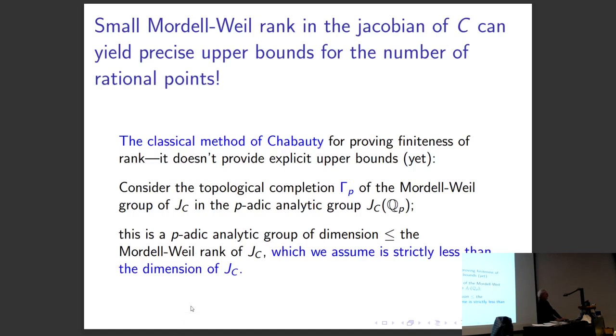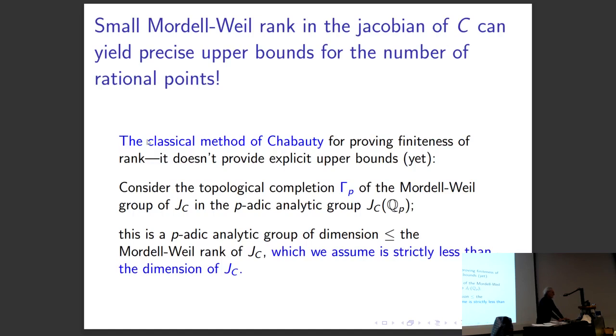Okay. Small Mordell-Weil rank in the Jacobian of C. If you have small Mordell-Weil rank, you get precise upper bounds for the number of rational points. And what's amazing about it is this very, very simple, beautiful classical method of Chabauty. It's been around for quite a while.